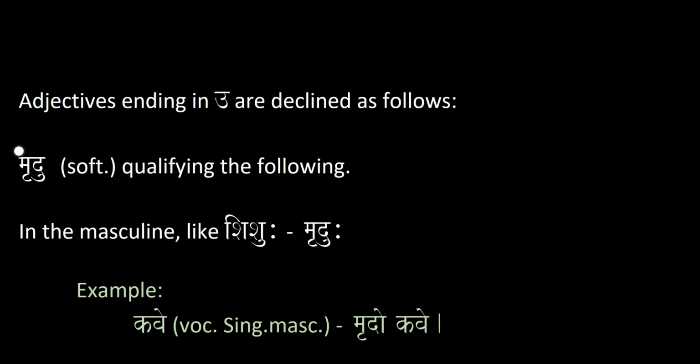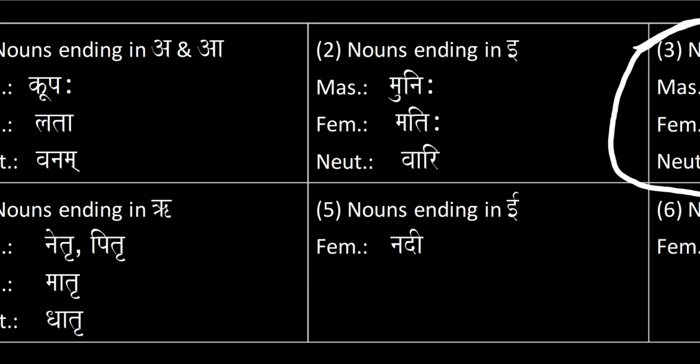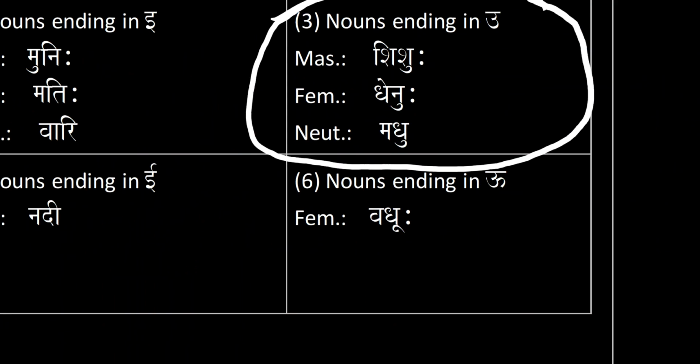Back to what was circled. The nouns that end in u, that is how we are going to decline the adjectives ending in u. If it's describing a masculine noun, the adjective has to be declined like shishuhu. For a feminine noun, the adjective has to be declined like dhenuhu.